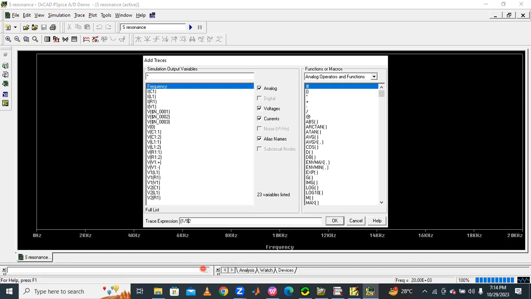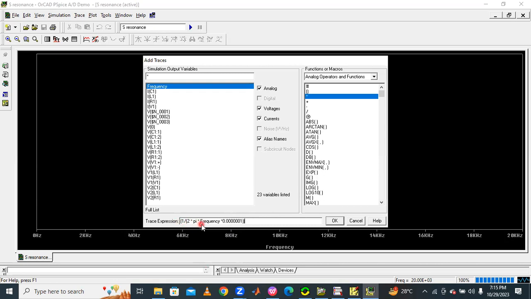Write like this: 2 into pi into f, frequency, f into C. Here C is 1 microfarad, that is 10 to the power minus 6, and close the two brackets.